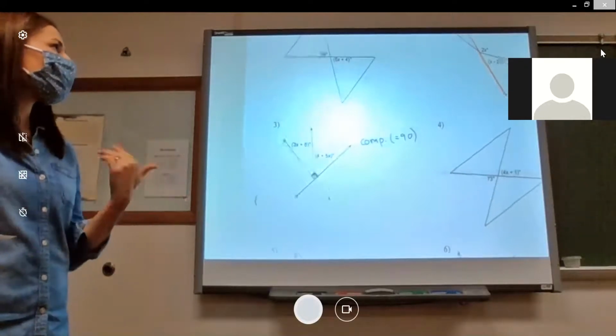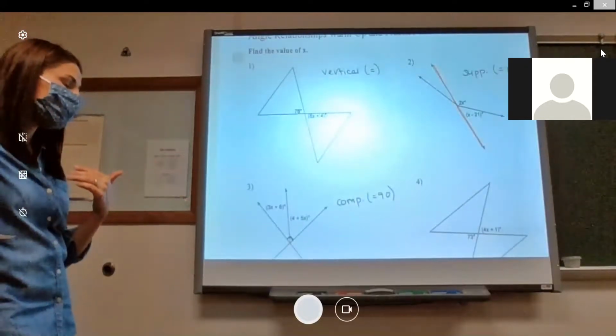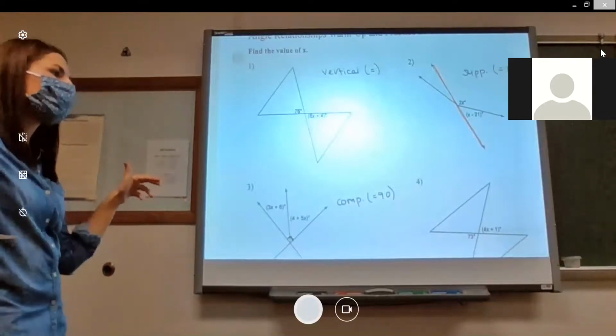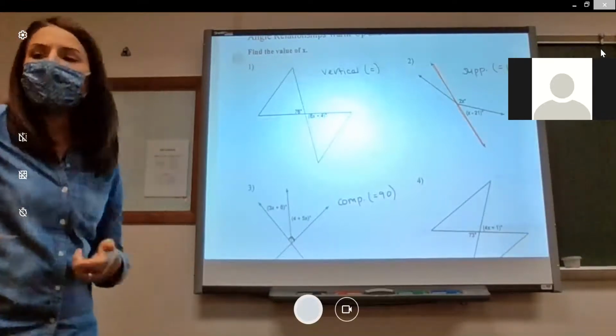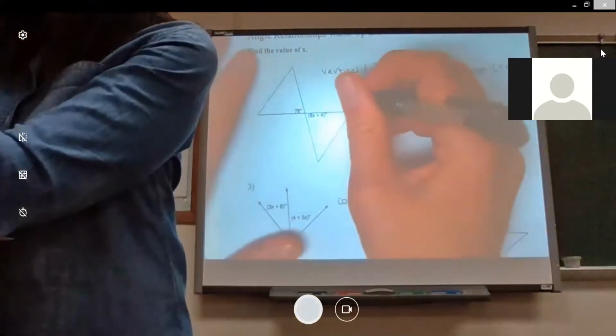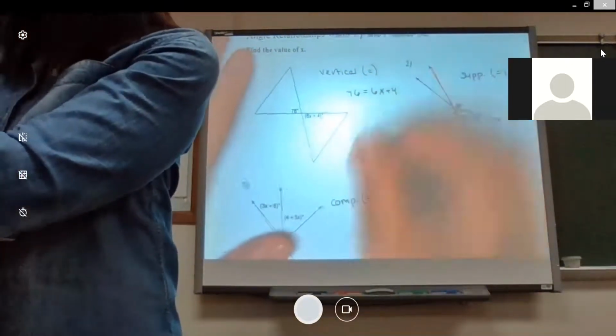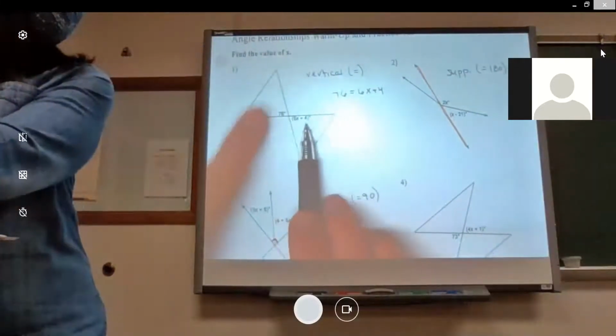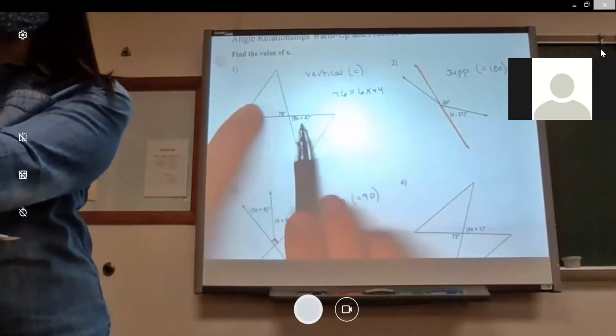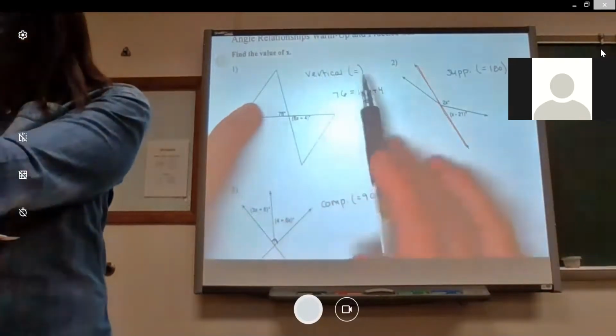So now I'm going to go back to the first one. I see they're vertical. I know vertical angles are equal. My equation would be 76 equals 6x plus 4, this angle equals this angle. That's my setup.